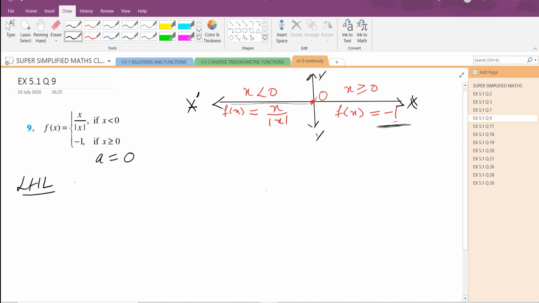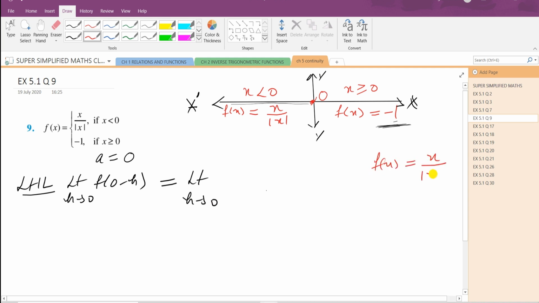Left hand limit is limit h tends to 0 of f(0 minus h). For left of 0, the function is going to be x upon mod x. I can show you here in rough. For the left hand limit, f(x) is x upon mod x. You can see 0 and this is left of 0.